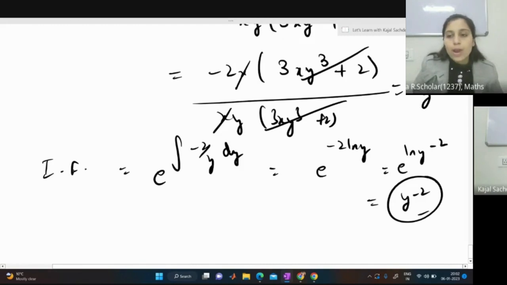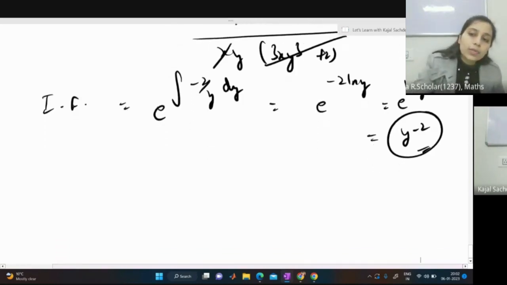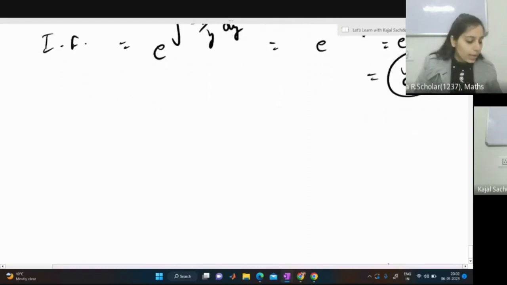So this is the required integrating factor. Just multiply the whole equation by this and the equation will become exact, and you can find the solution in a similar manner. So multiply y⁻² by the given equation. Here we have the equation as this.